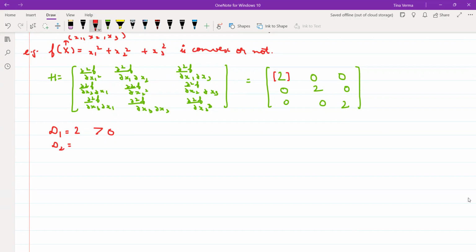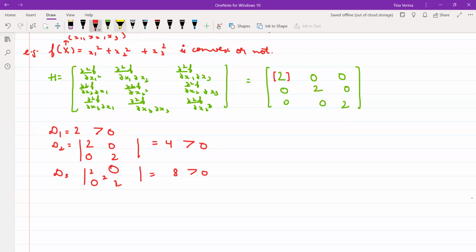Because for negative definite, this should be less than 0. Now D2, I take the 2 cross 2 determinant, 2 0 0 2. This comes out to be 4, which is greater than 0. D3, if you take the 3 cross 3 determinant, it is the product of this. This is my 8, which is greater than 0.